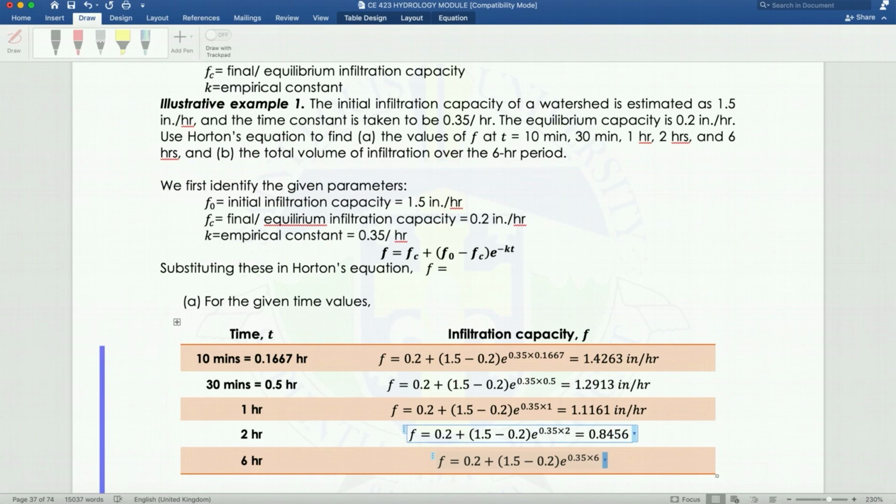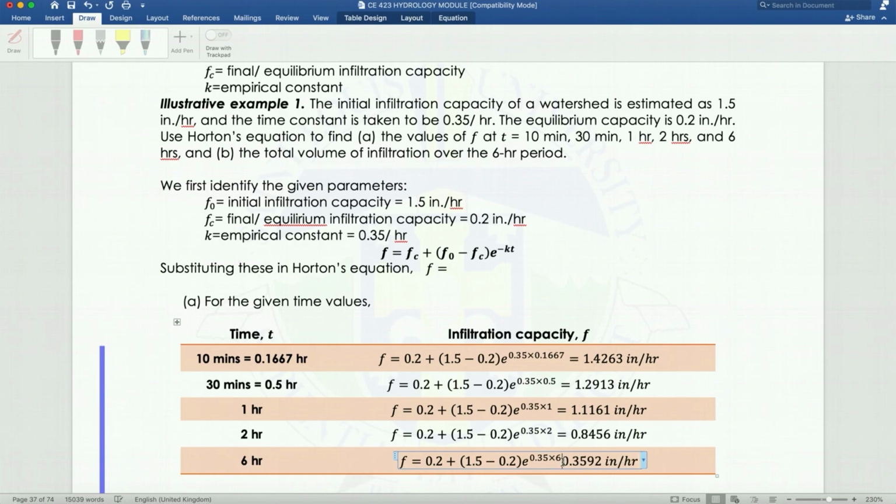That is in inch per hour. Then lastly, at 6 hours, our infiltration rate is 0.3592. That is in inch per hour.